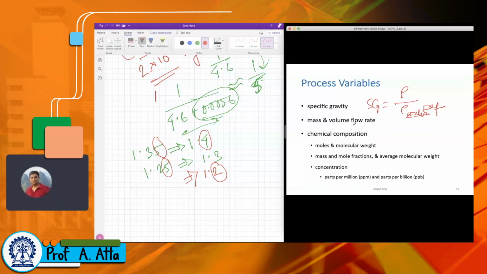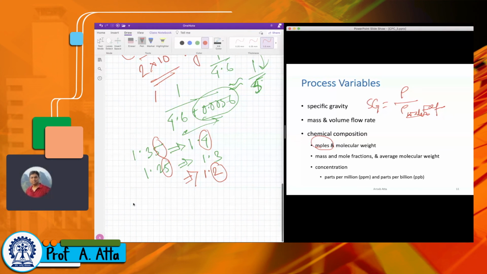But let me ask you what you understand by moles, which is a very important concept here: moles, molecular weight, mass fraction, mole fractions. We'll discuss this further. You have to be conversant with the kind of conversion that we ask for.